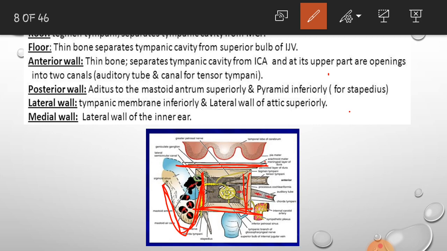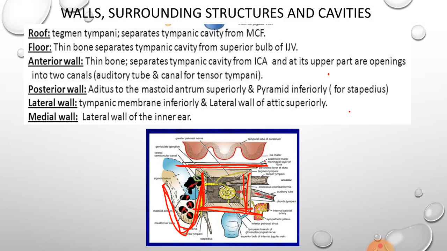Now the medial wall is made up by the lateral wall of the inner ear. As we know, medial to the tympanic cavity lies the internal ear. So the lateral wall of the internal ear makes up the medial wall of the tympanic cavity.